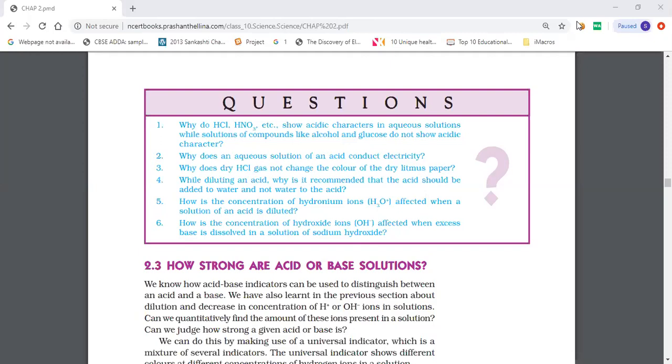Could you repeat it again? HCl gas being dry, and even litmus paper.